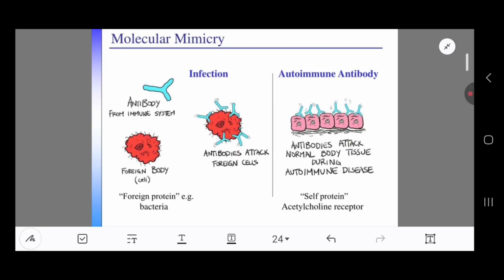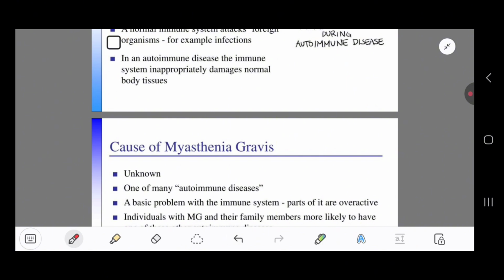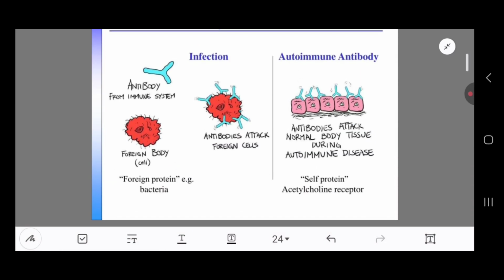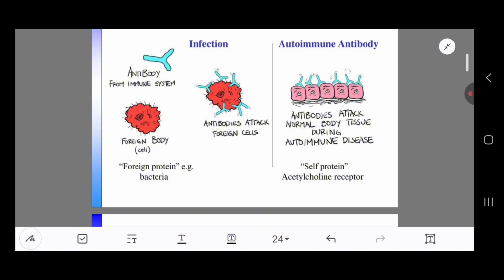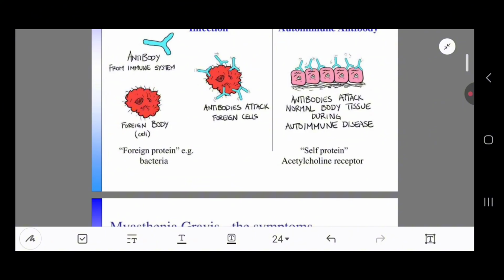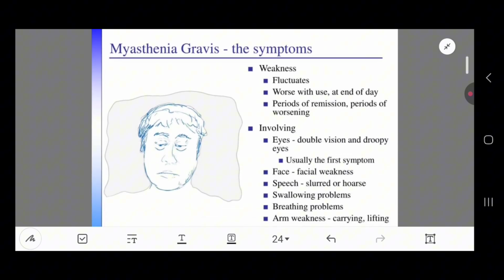This is an infection, and this is the normal action of antibodies. And this one is myasthenia gravis: instead of a foreign protein, for example bacteria, the target is a self-protein, the acetylcholine receptor.